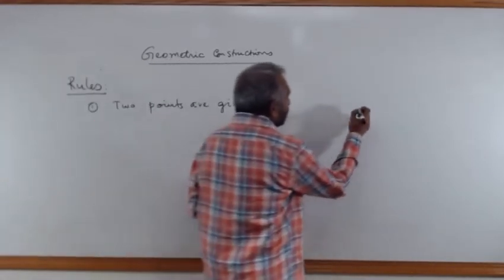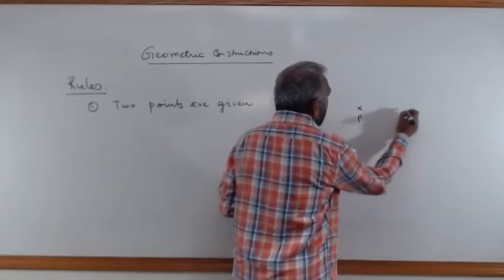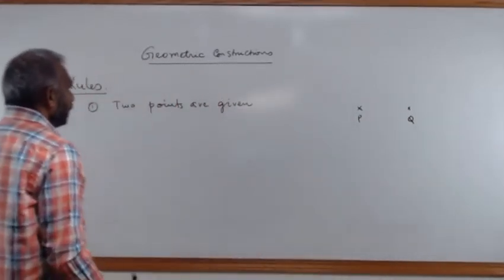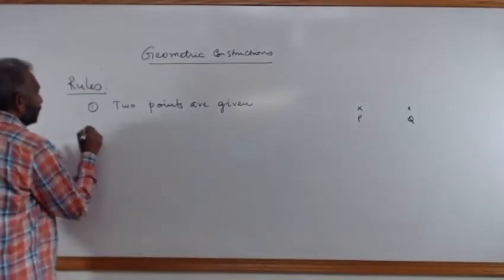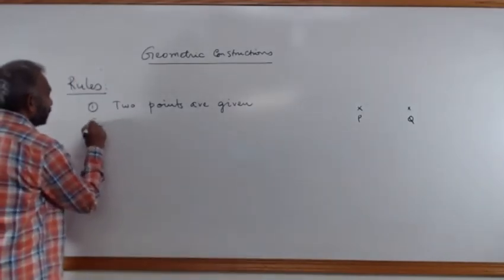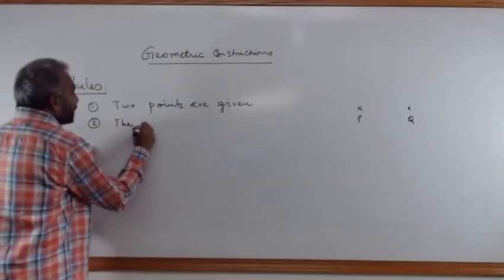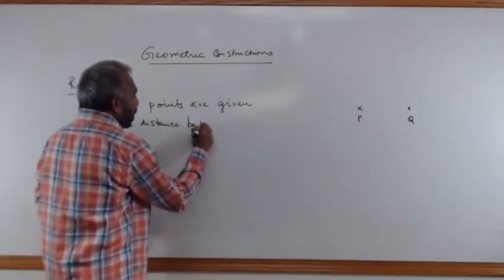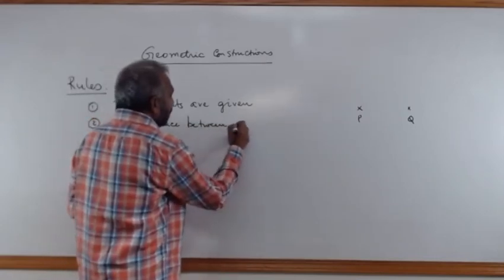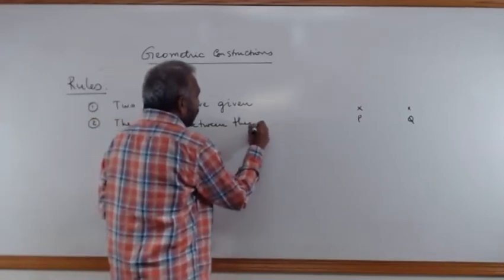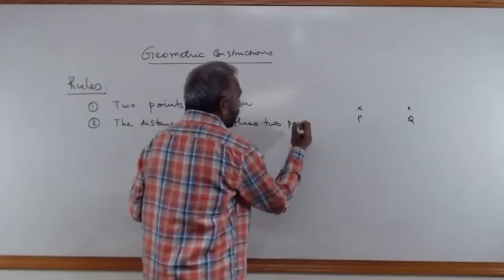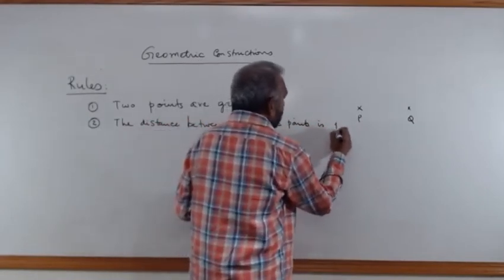Meaning there is a point here, P, there is a point here, Q. Then the second rule is the distance between these two points is 1 unit.